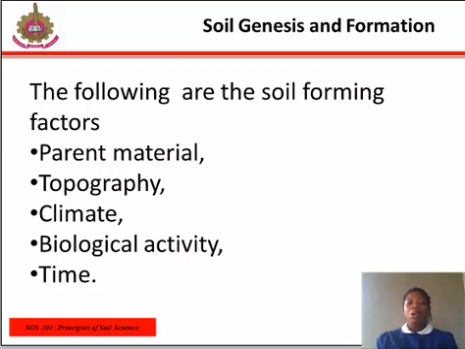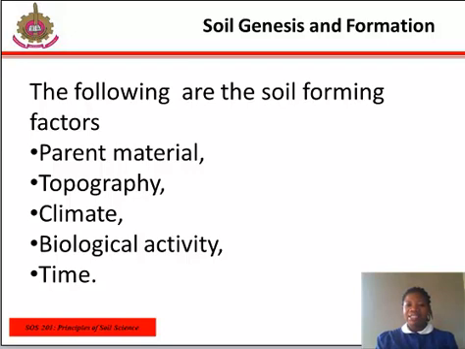It affects the amount and characteristics of organic matter. It affects the depth at which clay accumulates, it affects the type of minerals present, and it affects the soil pH, that is, humid climate tends to produce more acidic soil than do arid climates.